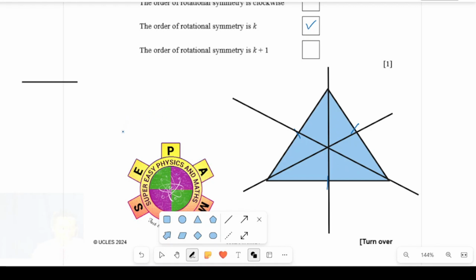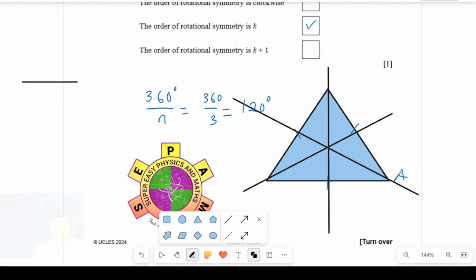Then the order of rotational symmetry is going to be, once you know the number of sides, this means that when a triangle is rotated through 360 divided by n, 360 degrees divided by the number of sides. So if it's three-sided, once this triangle is rotated through 360 divided by 3, that is going to give me 120 degrees.